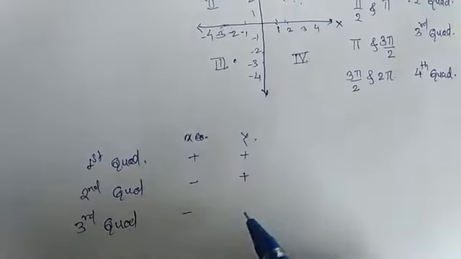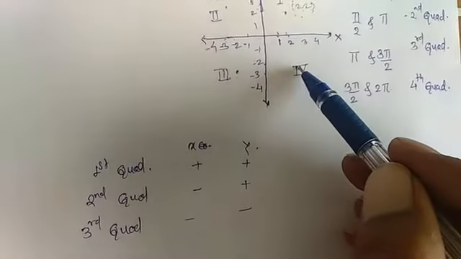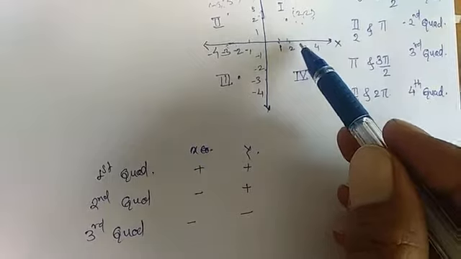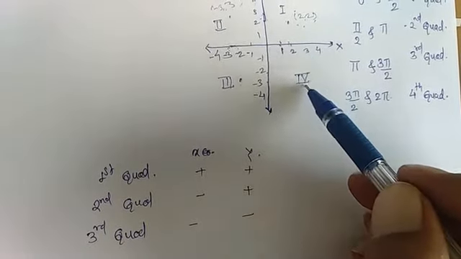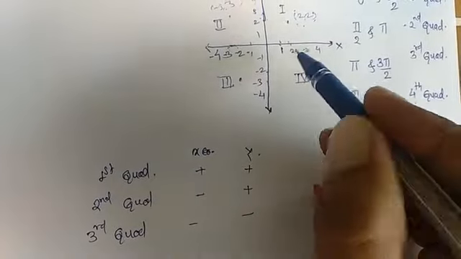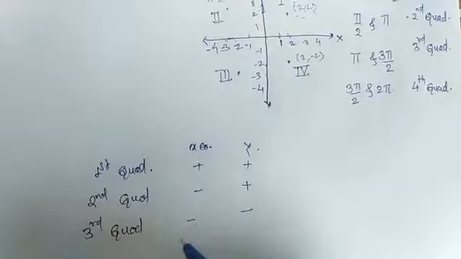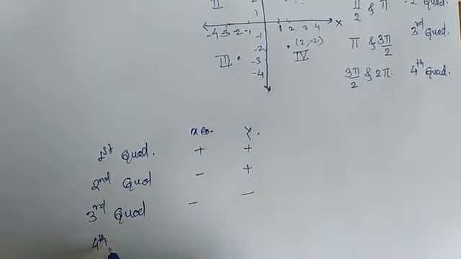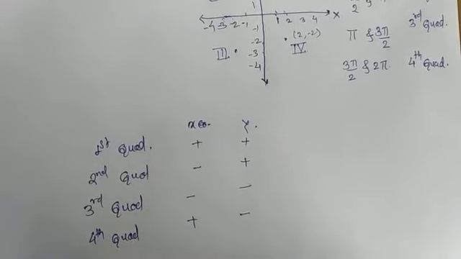So the x coordinate is negative and the y coordinate is also negative. In the last, fourth quadrant, the x coordinate is positive. If you consider the point (2, -2), x is 2 and y is -2. So in the fourth quadrant, x is positive and y is negative.